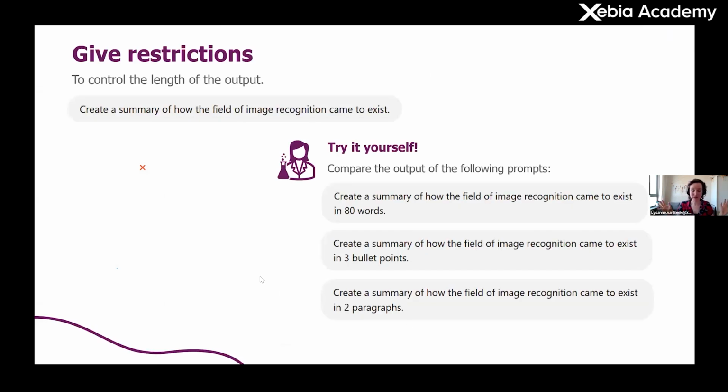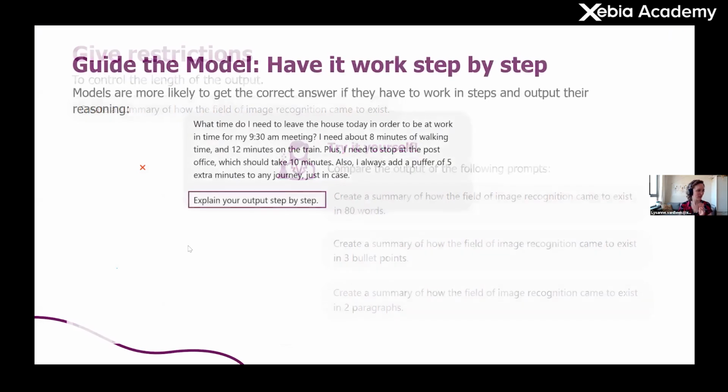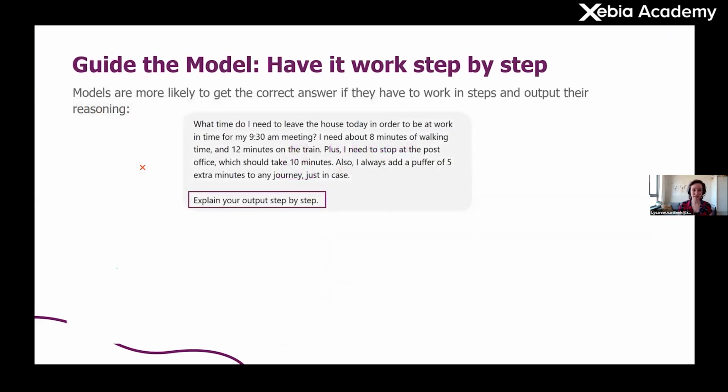But yeah, what we can do is we can give restrictions so it doesn't produce entire essays. And something that can also help with potential problems like we saw now with the strawberry is if we have it work step by step.